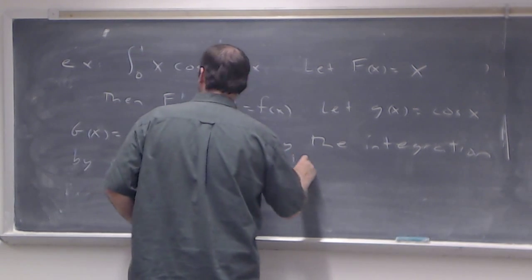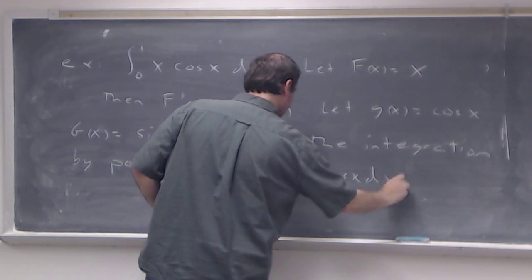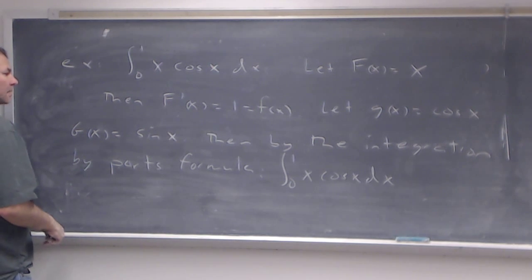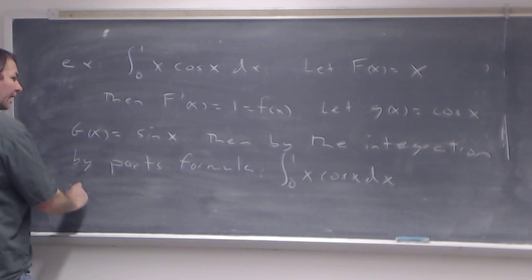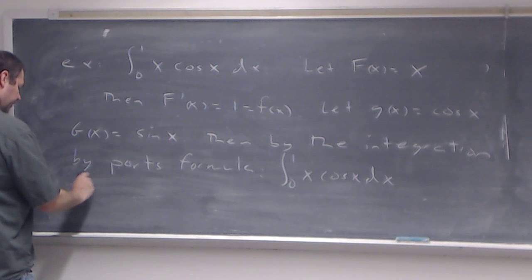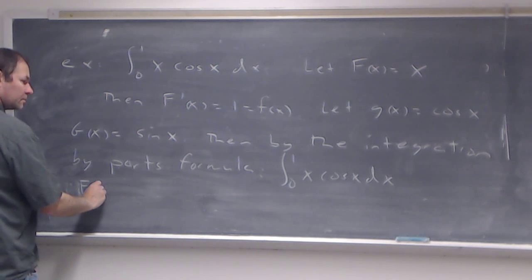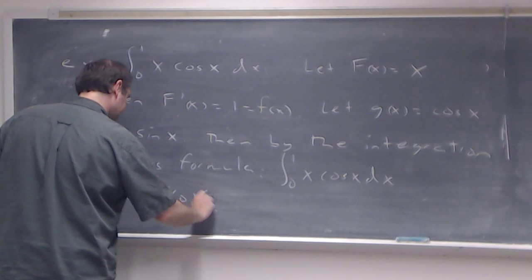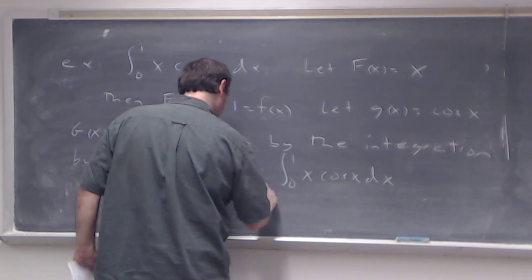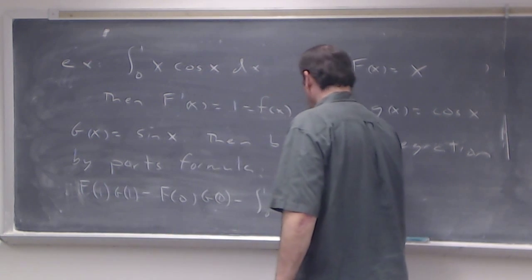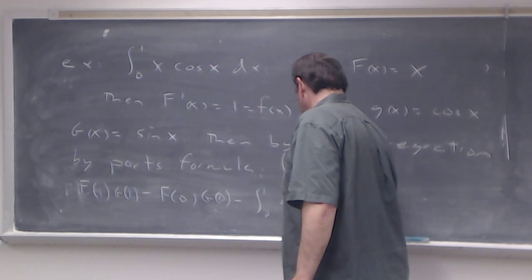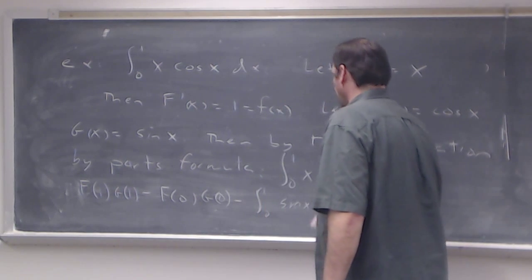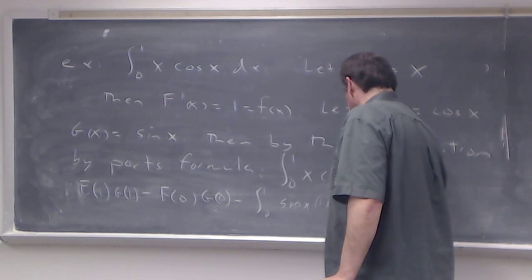what we have is the integral from 0 to 1 of x cosine of x dx will be equal to f times g, so f will be x, f(1) times g(1) minus f(0) times g(0) minus the integral from 0 to 1 of big G, which is sine of x, times little f, which is just 1, dx.